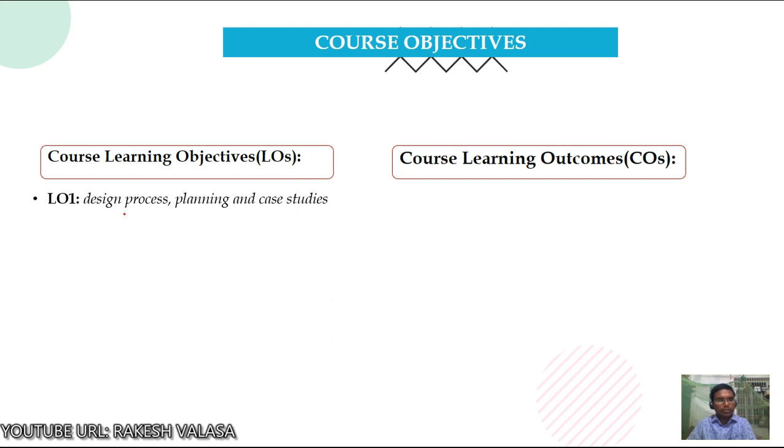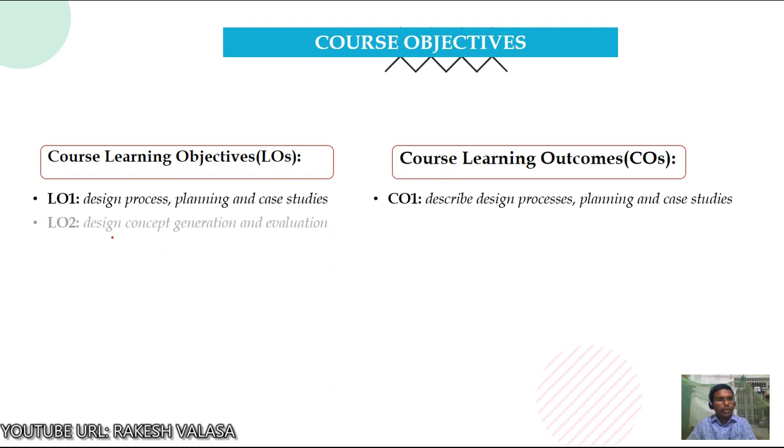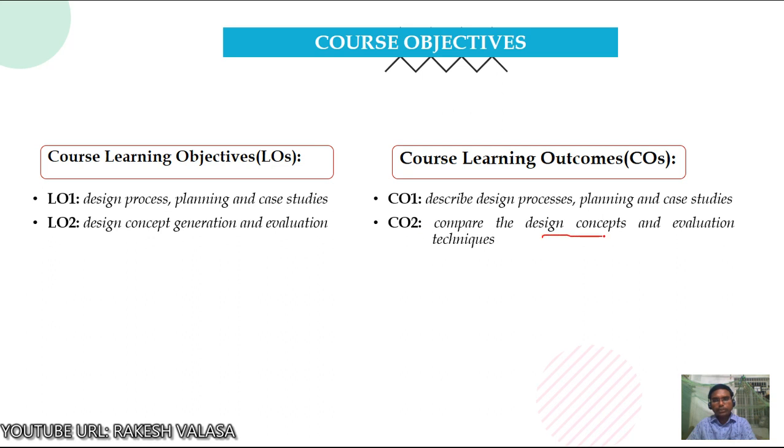After completion of this unit, the student will be able to achieve the following outcome, that is, describe design process, planning and case studies. For Unit 2, the learning objective is design concept generation and evaluation. Course outcome is compare design concepts and evaluation techniques.